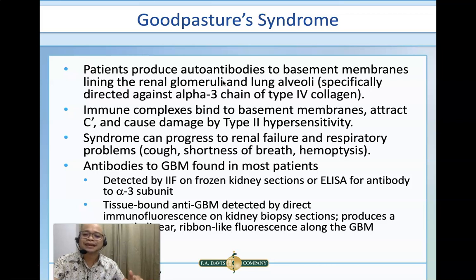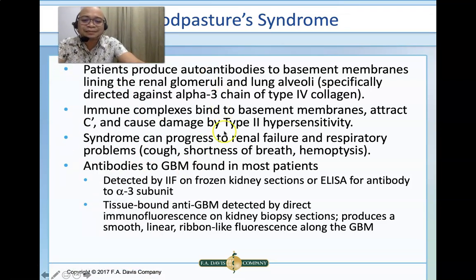This is detected by indirect immunofluorescence on frozen kidney sections, or we can also do ELISA for antibody to the alpha-3 subunit. The tissue-bound anti-GBM detected by direct immunofluorescence on kidney biopsy section is one way of diagnosing it. The pattern under the fluorescent microscope is said to be smooth, linear, ribbon-like fluorescence along the GBM.